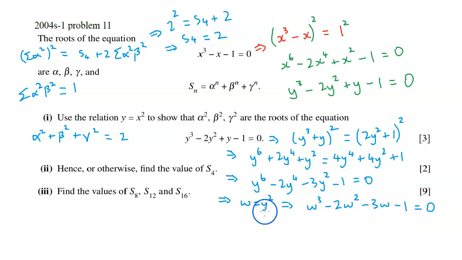And because of this substitution that we made, and the roots of the original cubic equation were alpha squared, beta squared, and gamma squared, this cubic equation has roots alpha to the 4, beta to the 4, and gamma to the 4. And so we can immediately see that S4, which is the sum of these roots, is equal to negative negative 2, which is equal to 2.